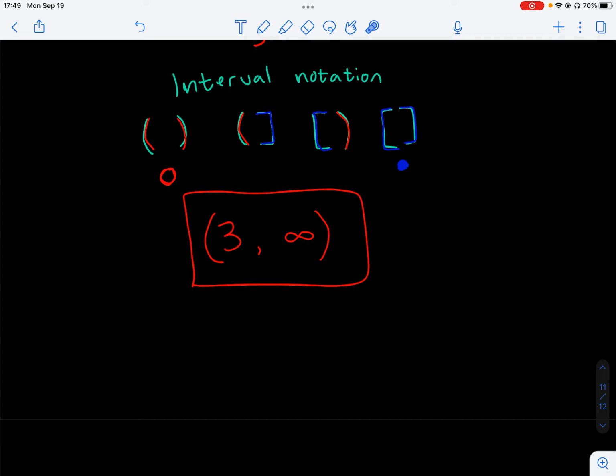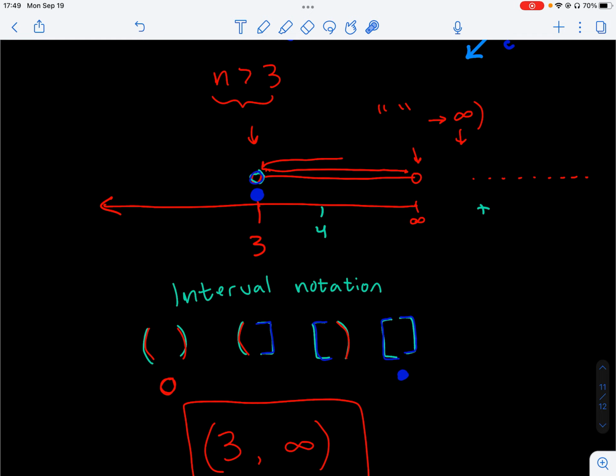Now, some other little things to consider here are, for instance, what if this was less than 3? Well, then our graph would flip, and we would go this way. Well, 3 is now on the right-hand side of our data. And what's over here? Well, it's not infinity, it's negative infinity.